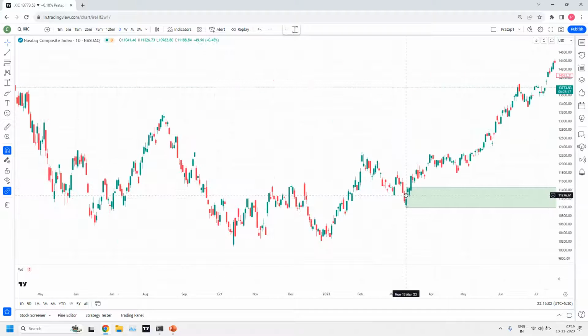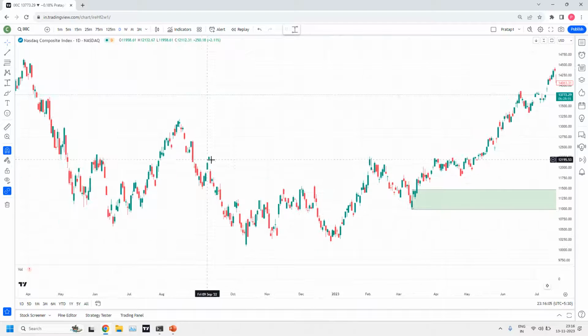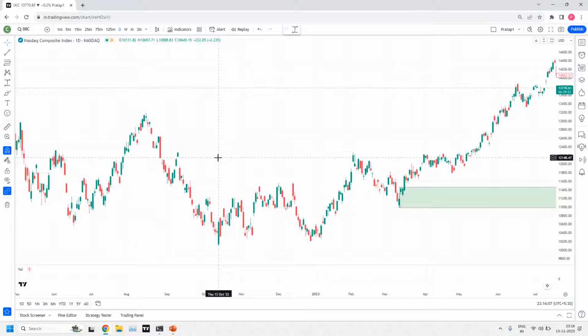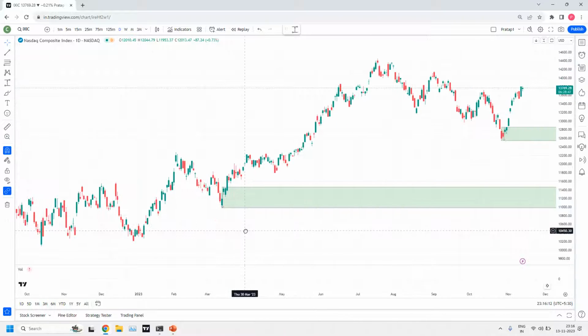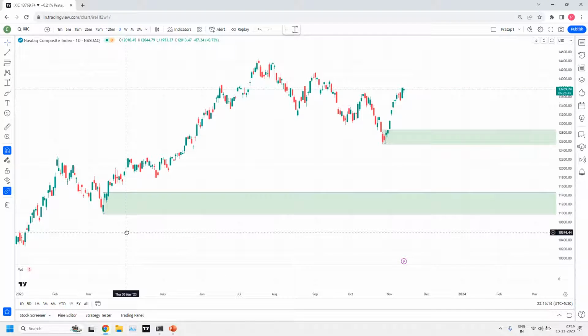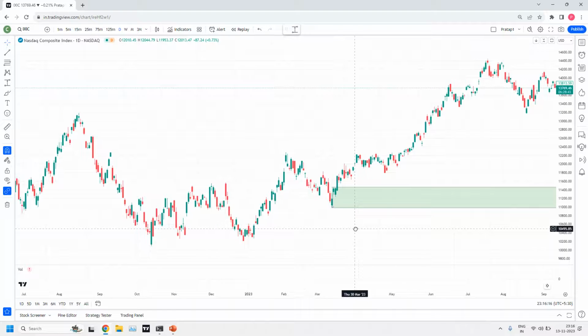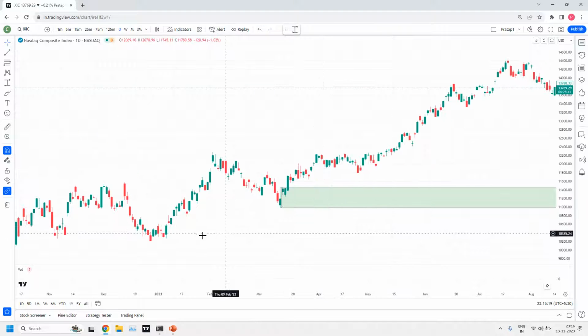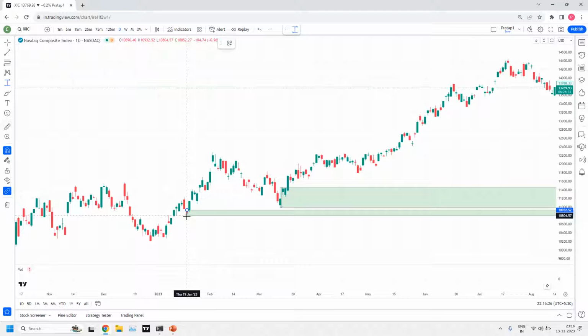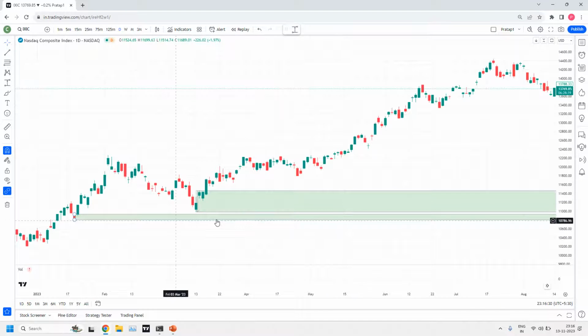Let us look into some other demand zones. Here also we have a drop base rally. So you can draw a demand zone. The gap between these two demand zones is very small. Do you remember the last lesson we learned, LOTL?